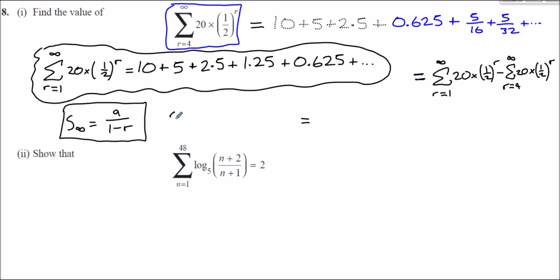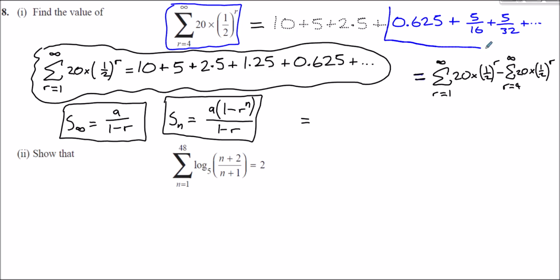So the first n terms, it's similar to this equation really. It's a brackets 1 minus r to the power n all over 1 minus r. So in our case, the first term would have been 10, okay? But of course, because we're summing from 4 onwards, we're just looking at all of this.